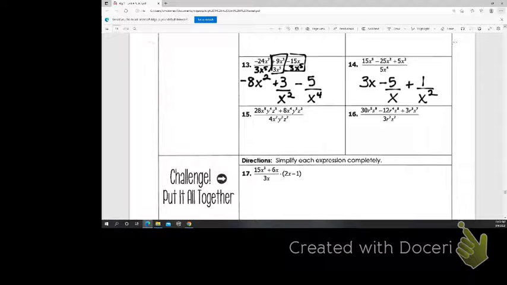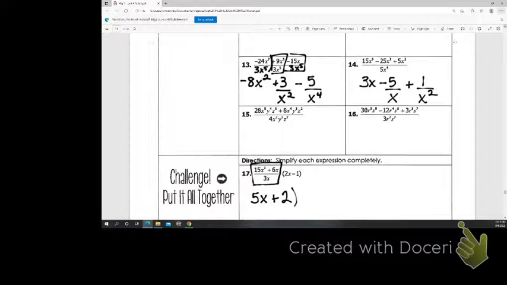We'll look at one of these challenge problems. So here with the challenge, I would do this first. So do this division like what we've just been doing. So 5, subtract the exponents, makes 5x. 6 divided by 3 is 2. The x's are gone.